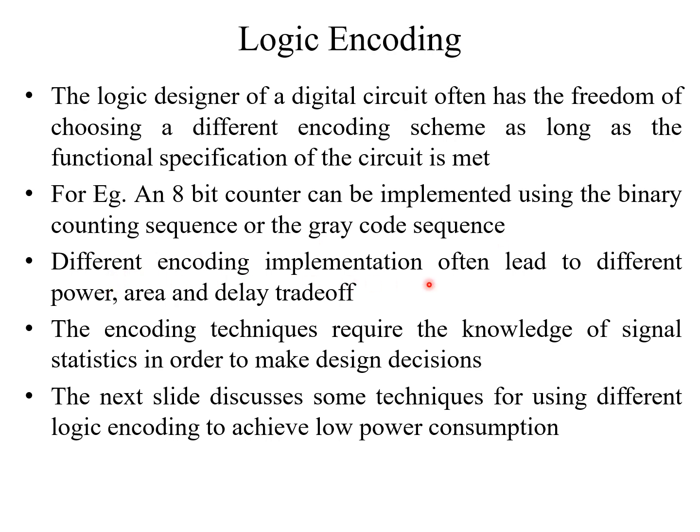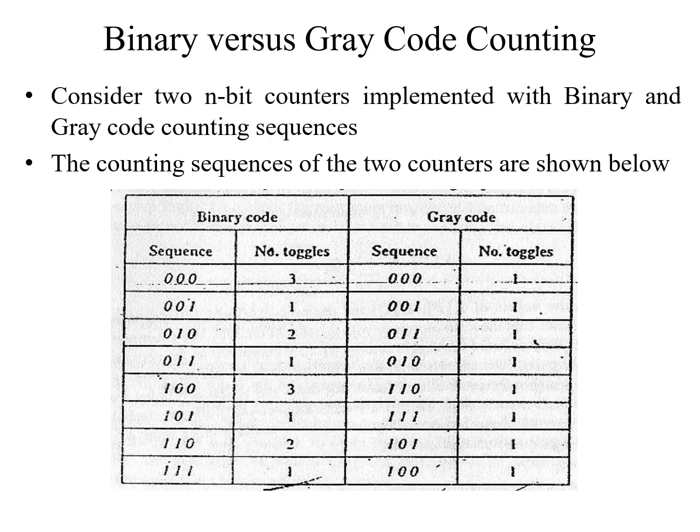Different encoding implementations often lead to different power, area and delay trade-offs. The encoding techniques require knowledge of signal statistics in order to make design decisions. The next slide discusses some techniques for using different logic encoding to achieve low power consumption.